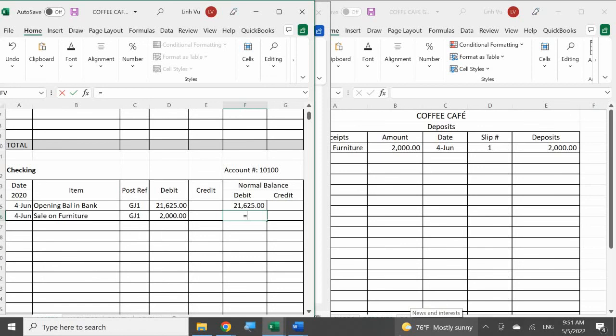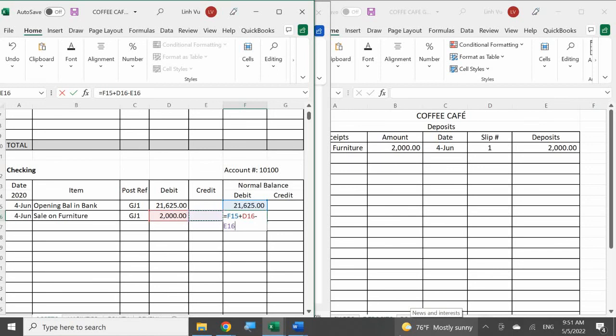So that's the same idea here where we're going to take my ending balance, right? This is my normal balance right now. The previous balance that I started out with was 21,625, right? For every debit will increase my balance. At the same time, for every credit will decrease my balance. So this is what the formula is.